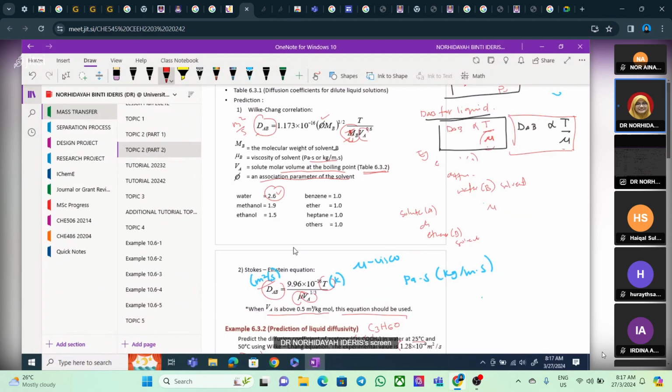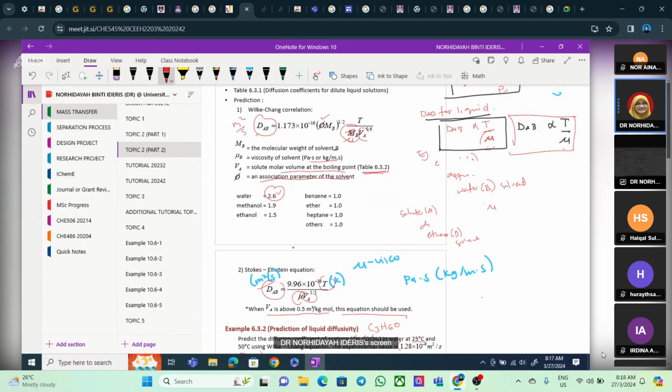But here we have the V. V is A. So A here means that it refers to the solute A, for example the ammonia. So the VA here is the solute molar volume at the boiling point. So you need to refer to table 6.32 dekat dalam textbook. Okay, refer table 6.32.